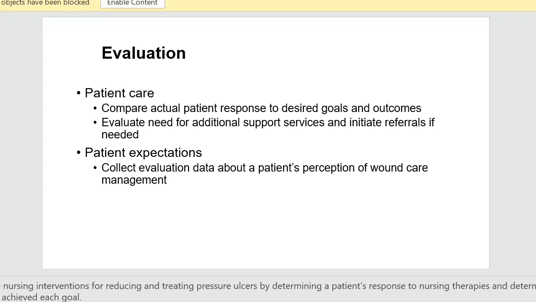There are some people who will have chronic wounds that last for years and years and years, and they may never completely heal up. And so we need to make sure our patient expectations are realistic, and maybe just see, does the patient need or want family support or other types of support for such long-term chronic ulcers.